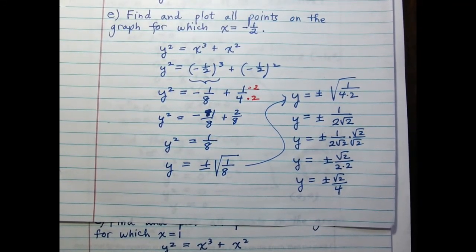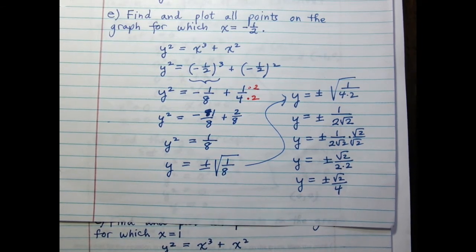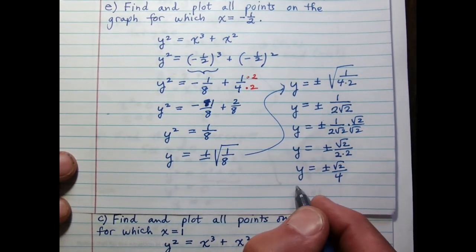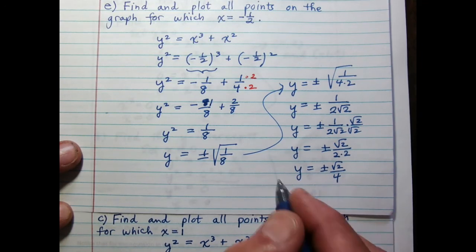If that is just driving you nuts, just stop earlier on. If you work with the square root of 1/8, that's basically okay. That's not that big of a problem. But here is the simplified form in the square roots.